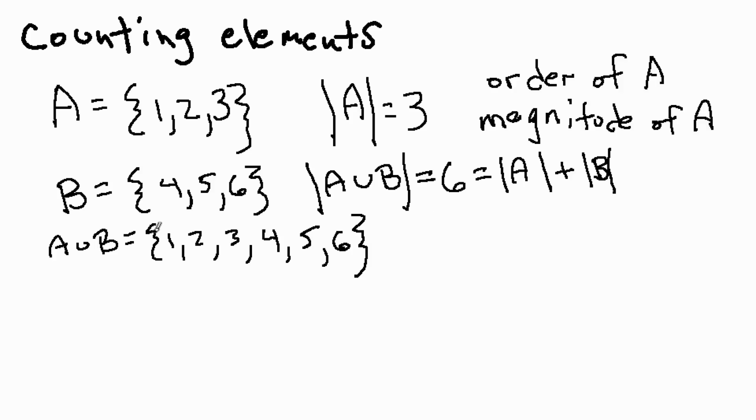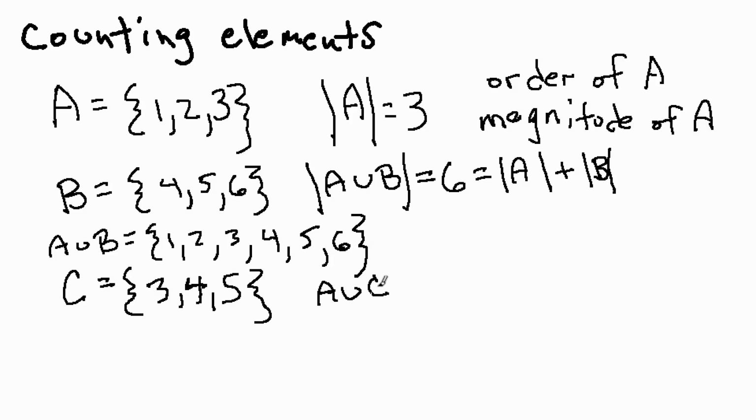But now let's consider a different set. Suppose I had a set C, and suppose C was 3, 4, and 5. Now, if I were to look at A union C, that's equal to 1, 2, 3, 4, 5.